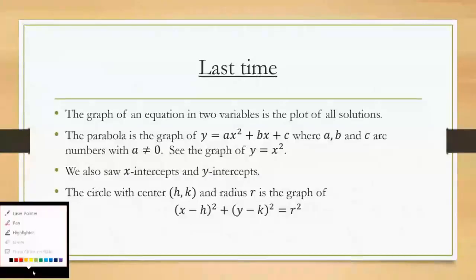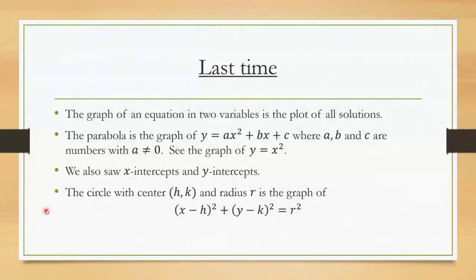Okay. So last time, if you remember, what we saw was the graph of an equation in two variables. We also considered their solutions, which really were ordered pairs of real numbers.